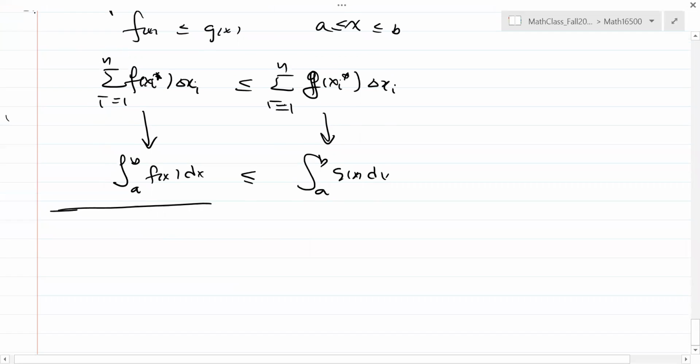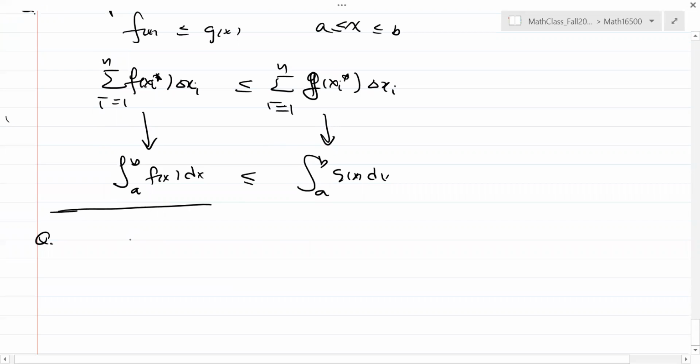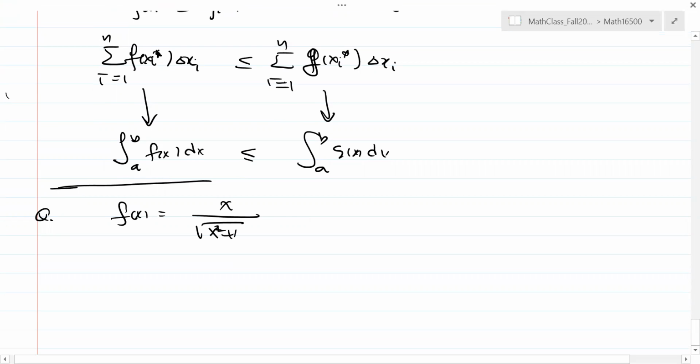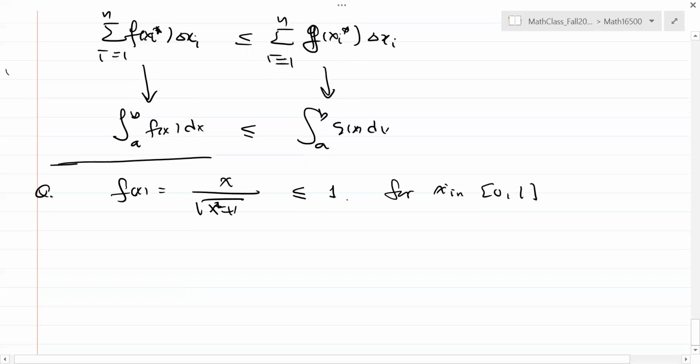If you know f of x is x over square root of x squared plus 1, I know this is going to be less than or equal to 1 for x in the interval from 0 to 1. Do you agree? Yes, this is less than or equal to 1.